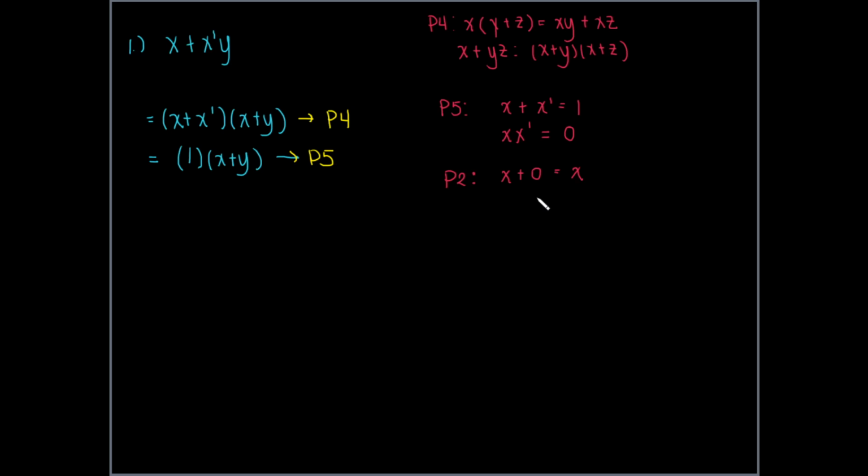And we can check that, of course, because if this is 1, 1 or 0 is 1. If this is 0, 0 or 0 is 0. So 0 is the identity element for the OR operation. It means that if you take the OR of a variable to 0, the result will be that same variable.